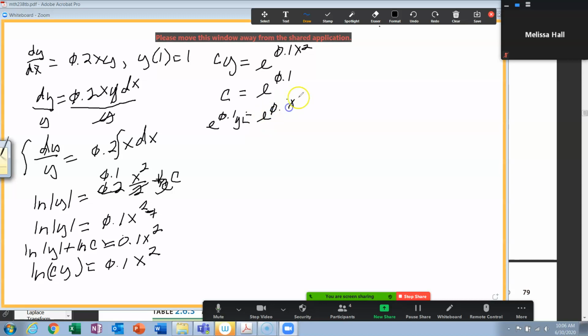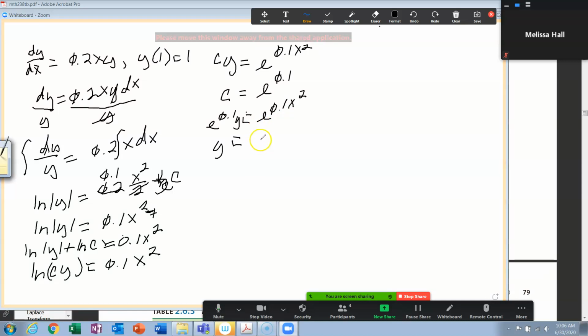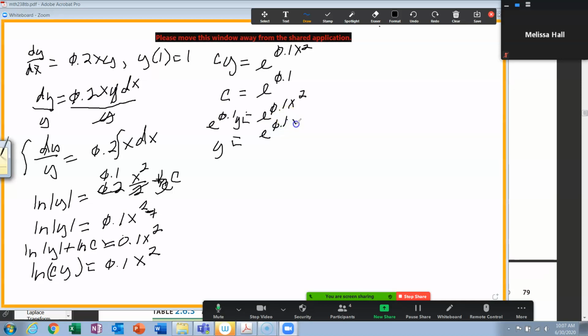So y is equal to e to the 0.1 x squared over c. To solve for y, if you divide both sides by e to the 0.1, you're going to wind up with e to the 0.1 x squared over e to the 0.1.